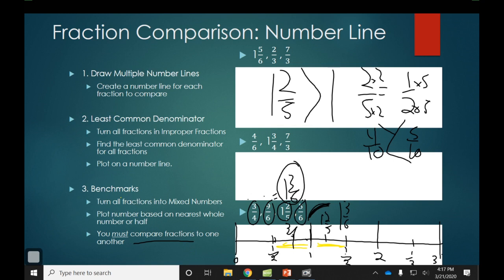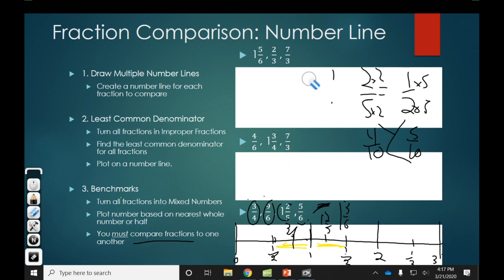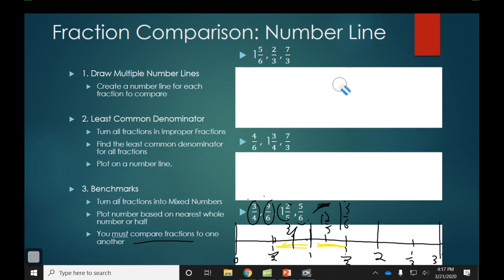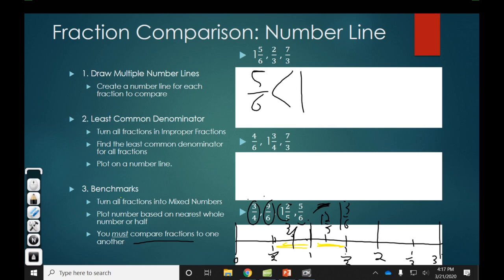This 5/6, what you're going to do for that is you're going to compare it between that 1 again. Sorry. So you have 5/6. We know 5/6 is less than 1.